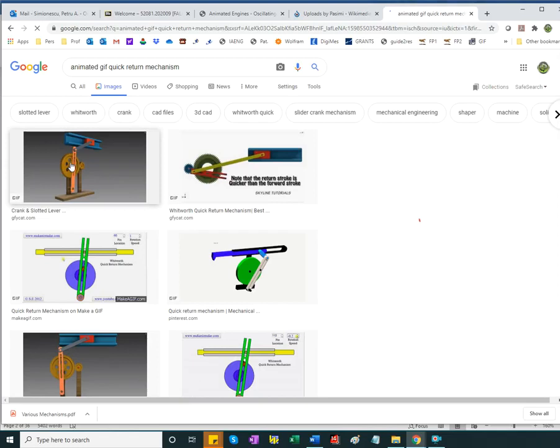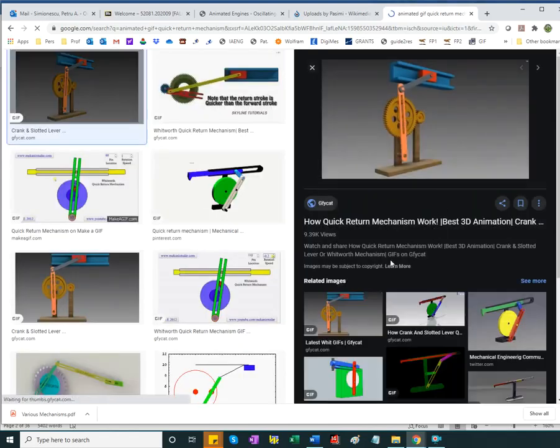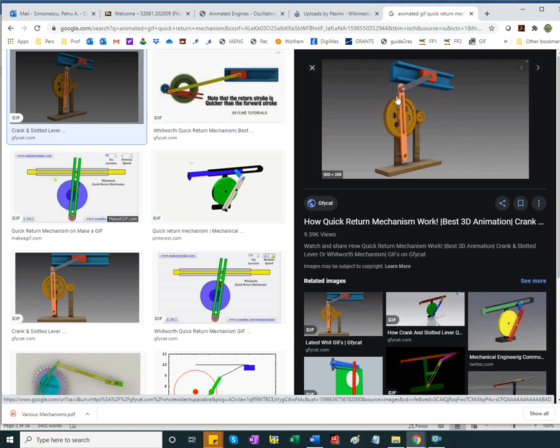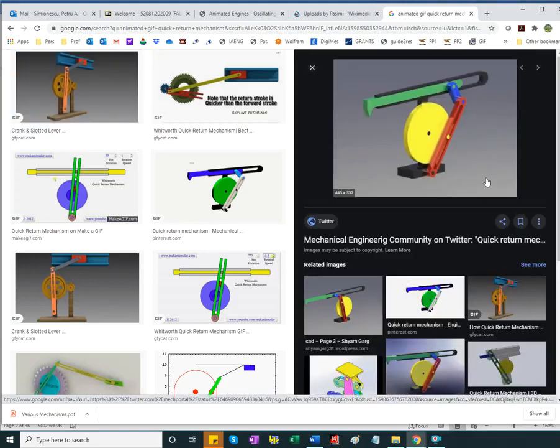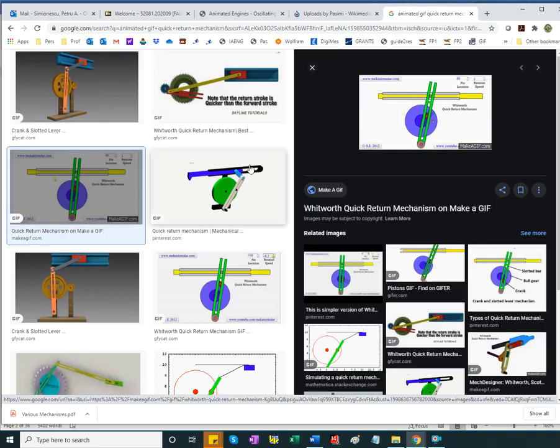I mean, I'm not the only one that does this kind of thing. So quick return, we call quick return just this part of the mechanism. Maybe here is it animated. Yes, it is. So I have the slow stroke. It went back.